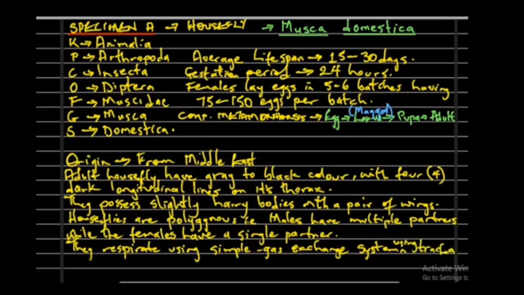Houseflies are vectors, and vectors are disease-carrying organisms. They help to carry organisms that are responsible for causing diseases.